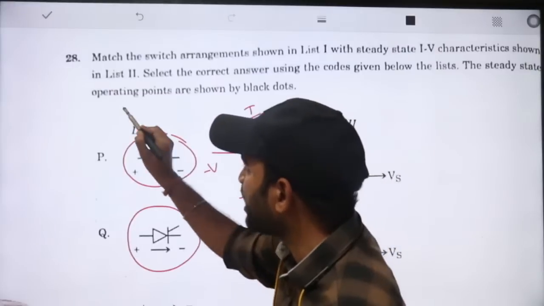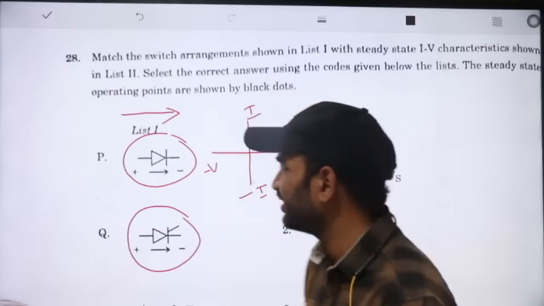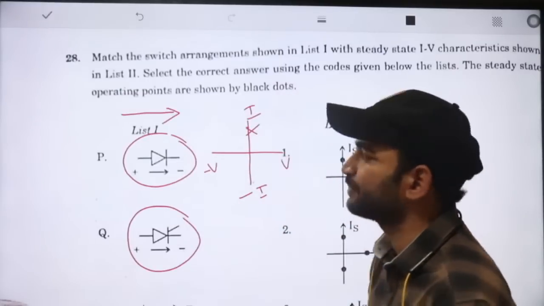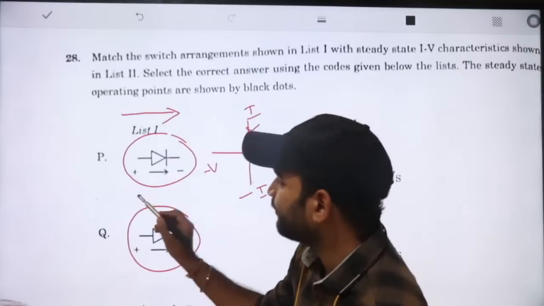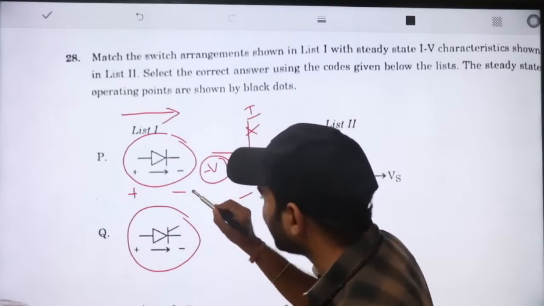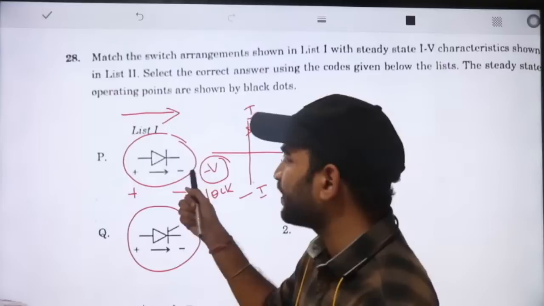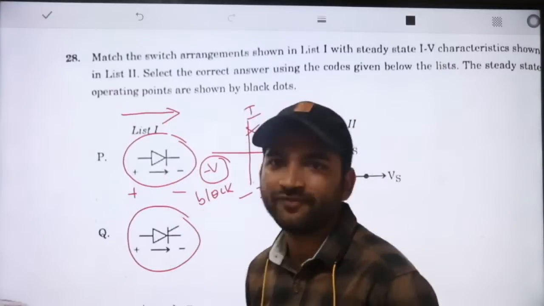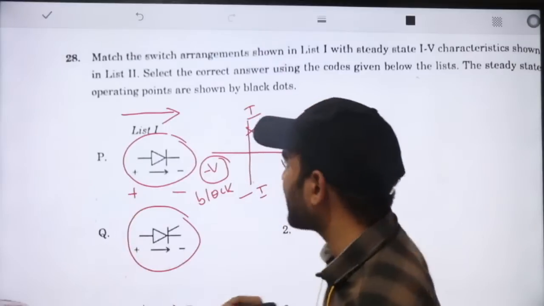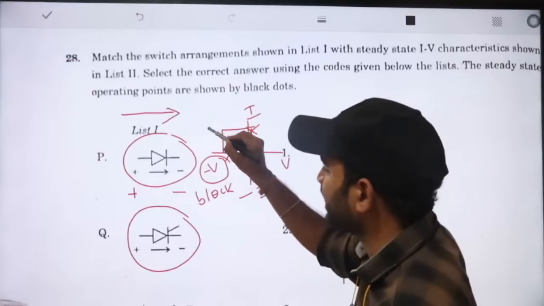This diode allows only the positive current, it cannot allow the negative current. If I apply positive voltage, the diode will turn on, but if I apply negative voltage, the diode will block, which means the diode operates in the second quadrant.